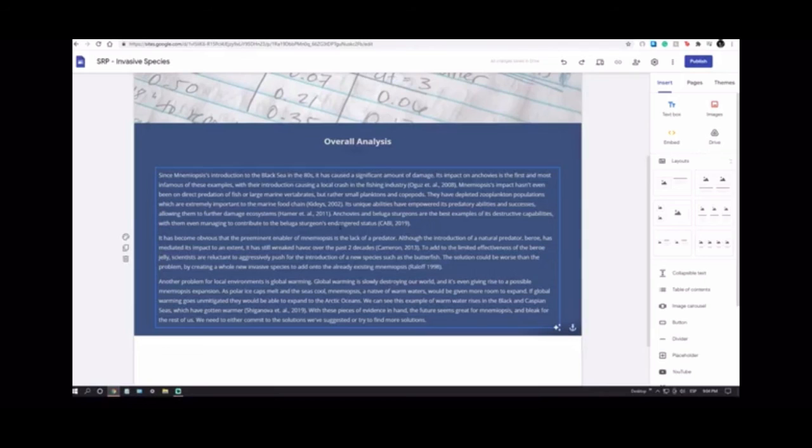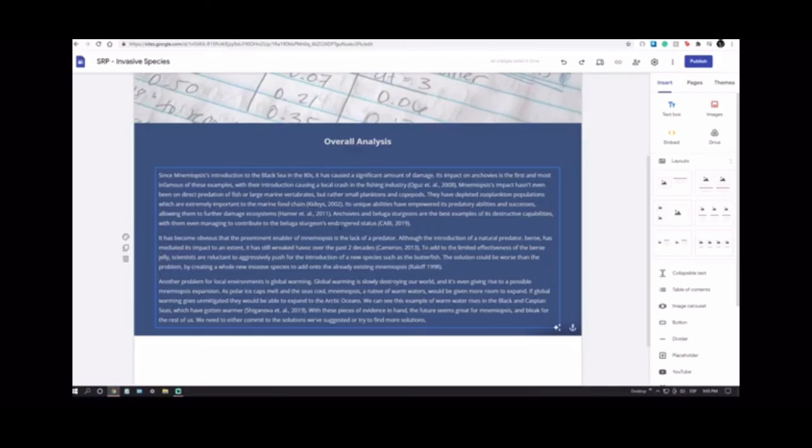It's obvious that it has been very destructive. Now, since they don't have a natural predator in these areas, they've gone unimpeded, and the thought of introducing a natural predator is very controversial, for lack of a better word, for the fear of just creating more and more invasive species.